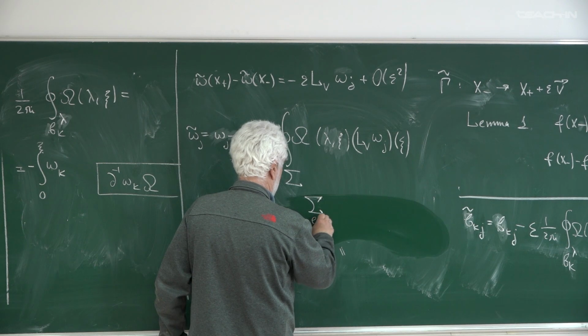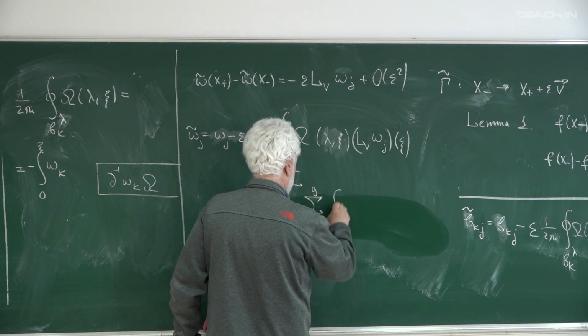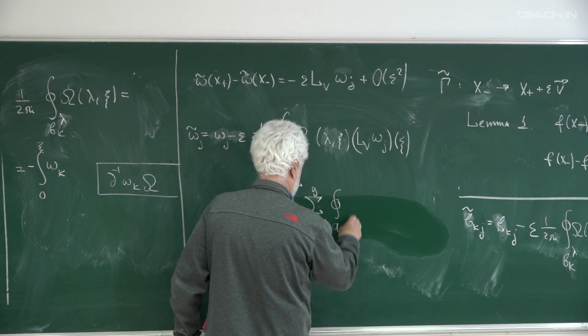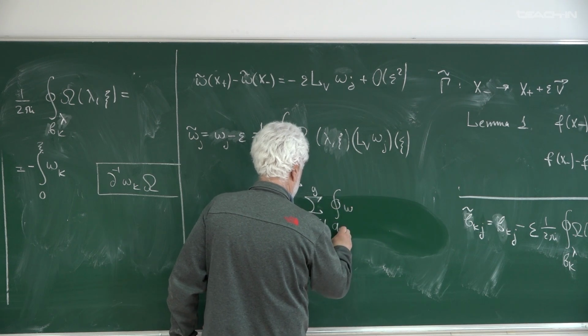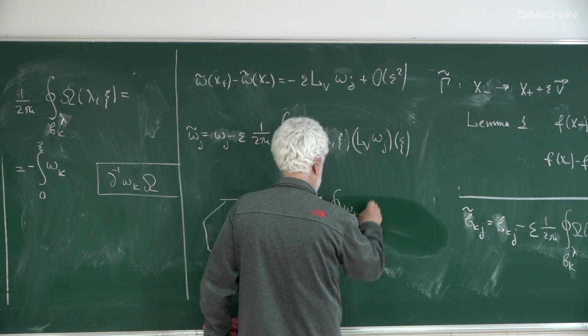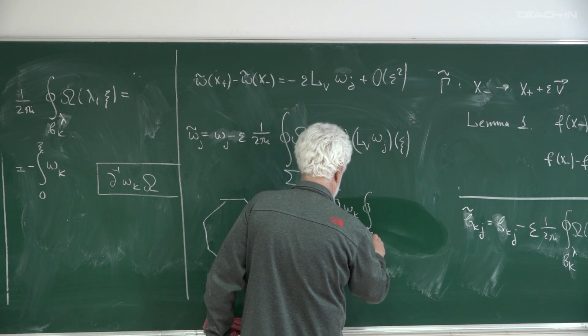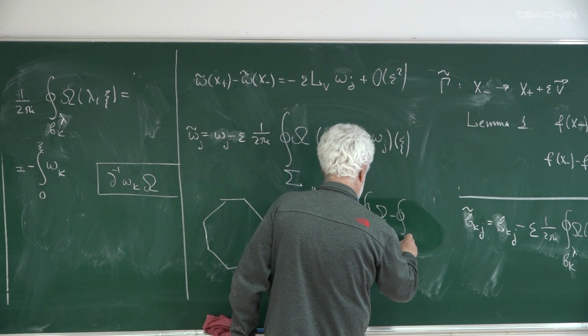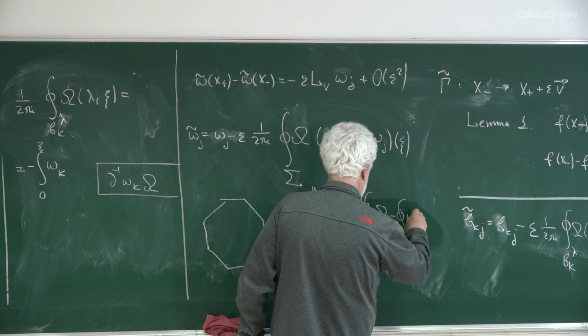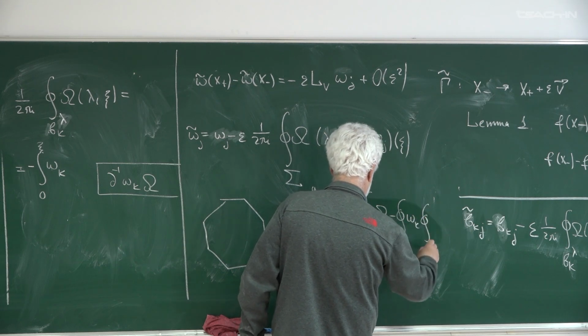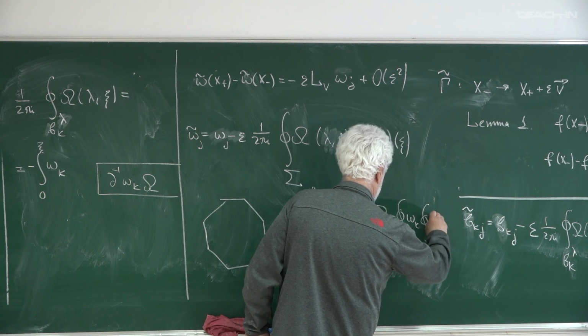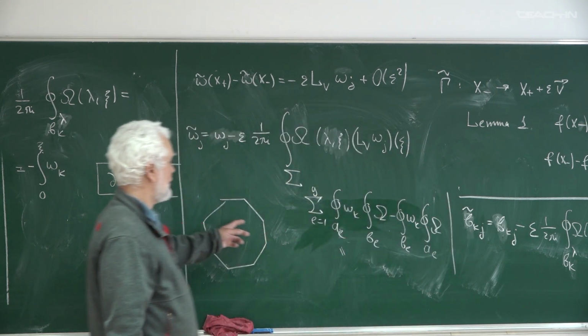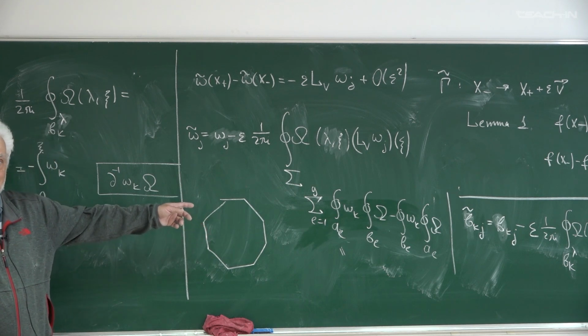Sum over l equal to 1 to g of A_l omega_k, integral over B_l of omega, minus integral over B_l of omega_k. You remember, the integral over the boundary was this one.